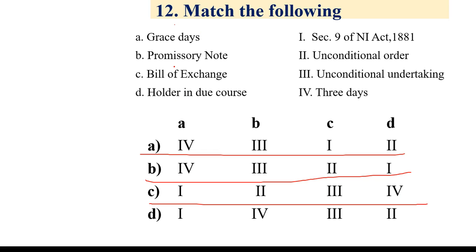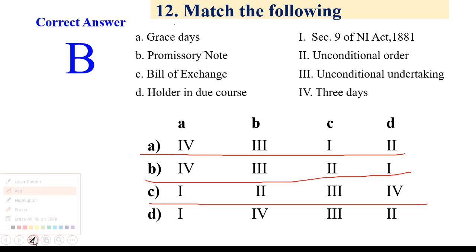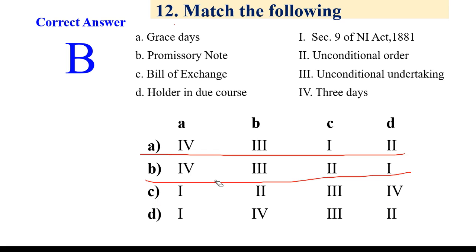Promissory note means what? Bill of exchange and holder in due course. So is it option A, B, C, D? So we'll see the correct answer. Correct answer is option B.